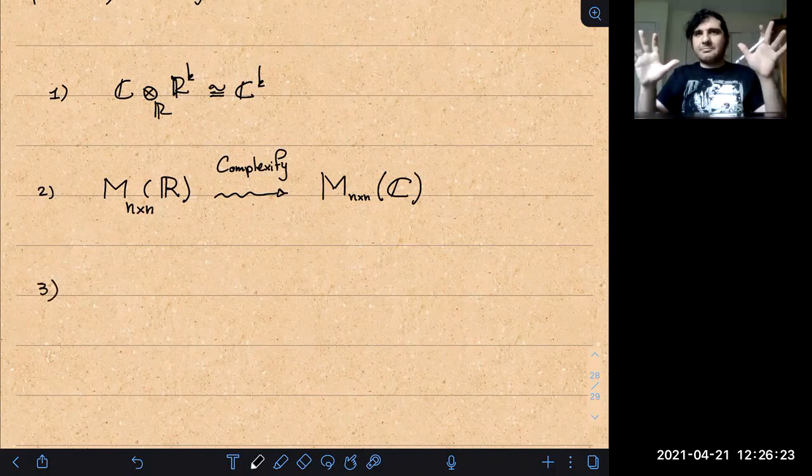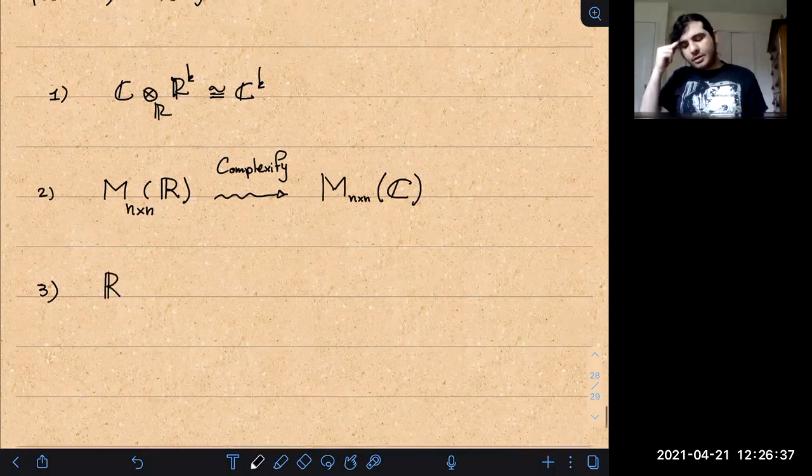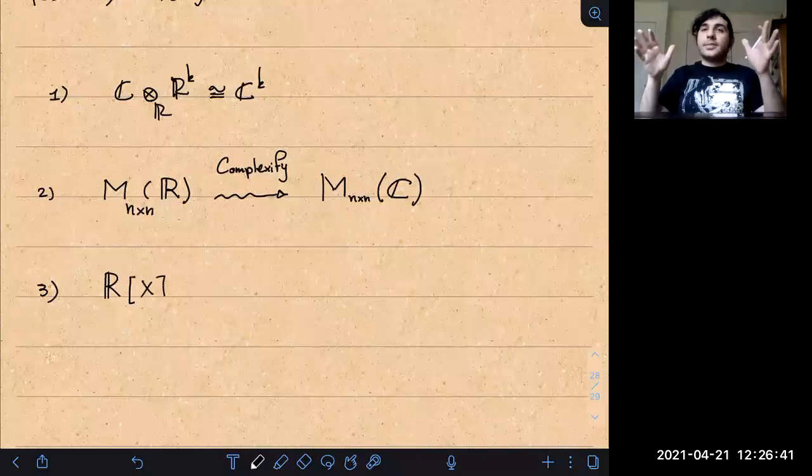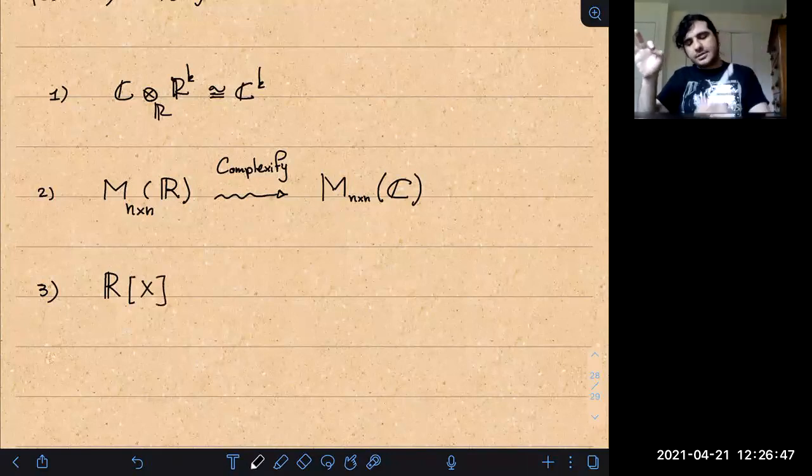There are completely similar things, and you can prove all of them in the same way. Actually, all of them can be thought of as some R^k, but it's also nice to write them more directly. Or you can think about, well, this is not a finite dimensional one, but still it holds here. You can think about the vector space of polynomials in one variable x with real coefficients.